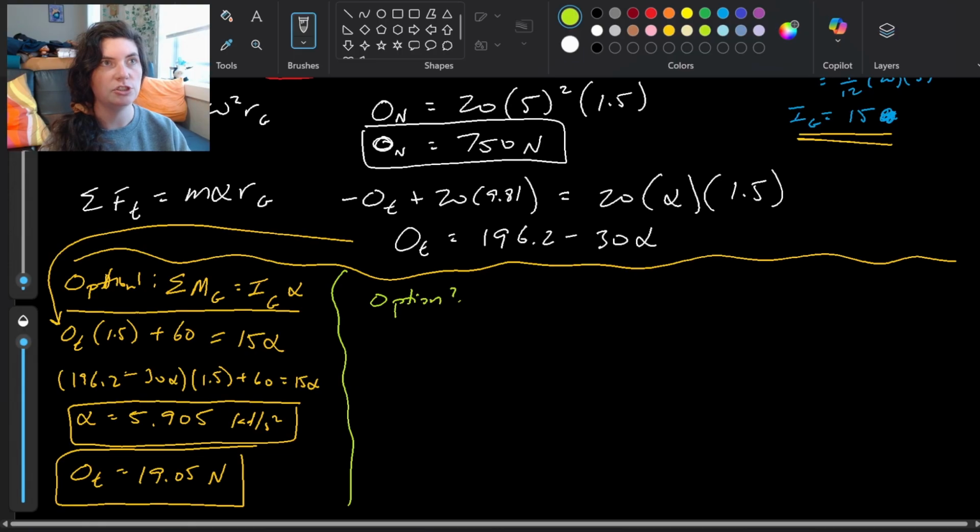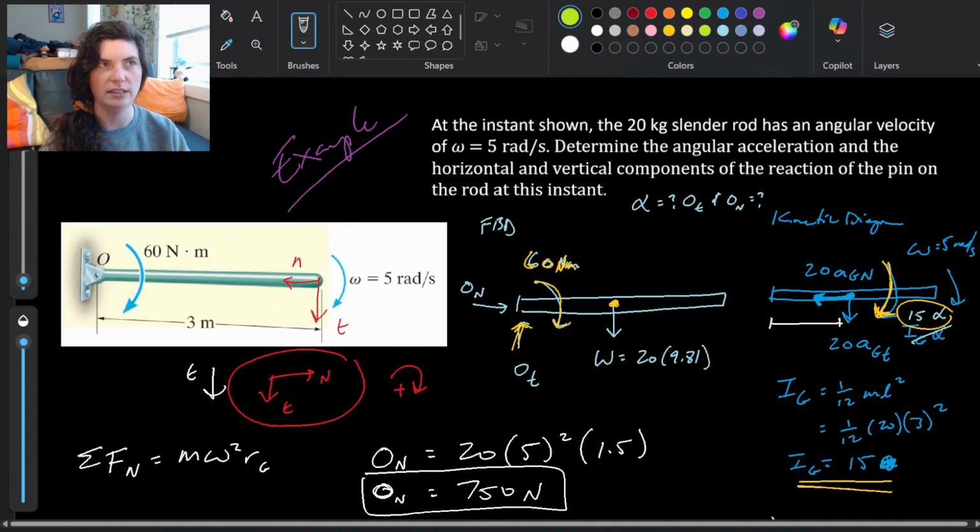So for option 2, something else that we could do is we could use the sum of moments about point O equals the sum of moments of the kinetic diagram about point O. And it could be any point, but point O is really the only other point that kind of exists.